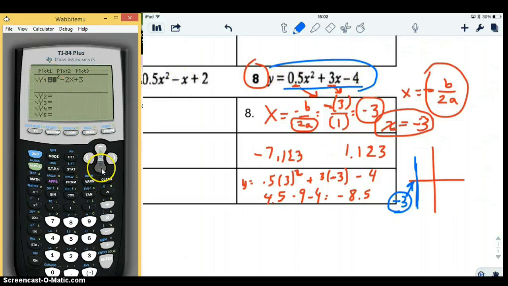I could put it in for y2 instead of y1. So I'm going to position the cursor at y2 and put in this equation: 0.5 x squared, there's a button here that does squared, plus 3x, and then minus 4. I can put exactly that in there.